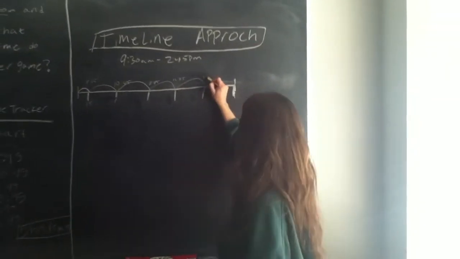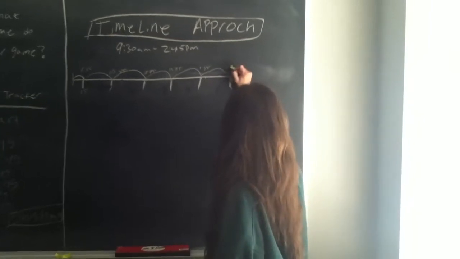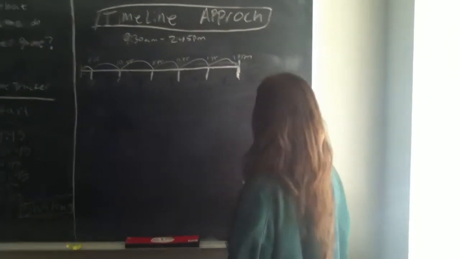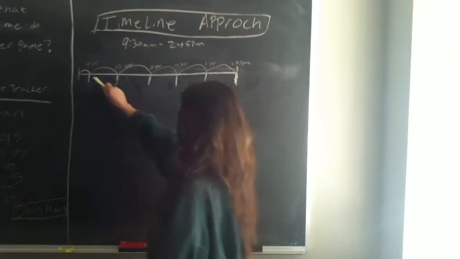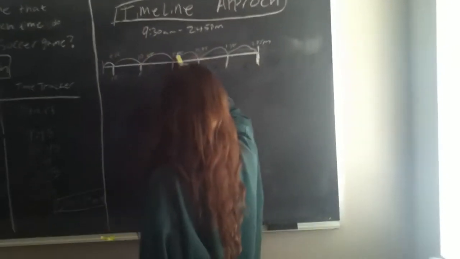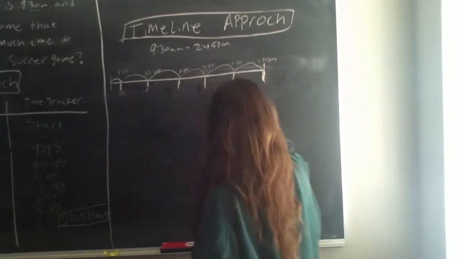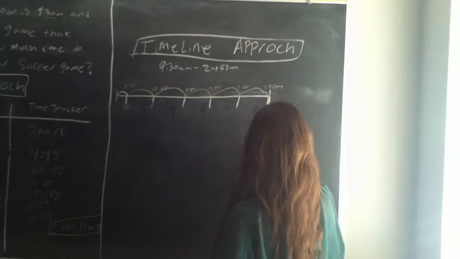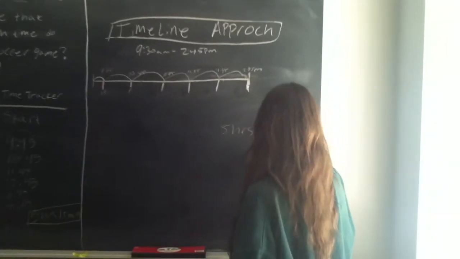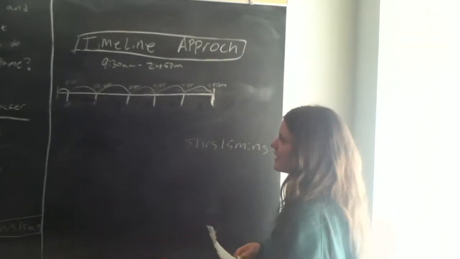And then 1:45, and the last one is 2:45 p.m. So let's count. 1 hour, 2 hours, 3 hours, 4 hours, 5 hours, plus 15 equals 5 hours and 15 minutes until my soccer game.